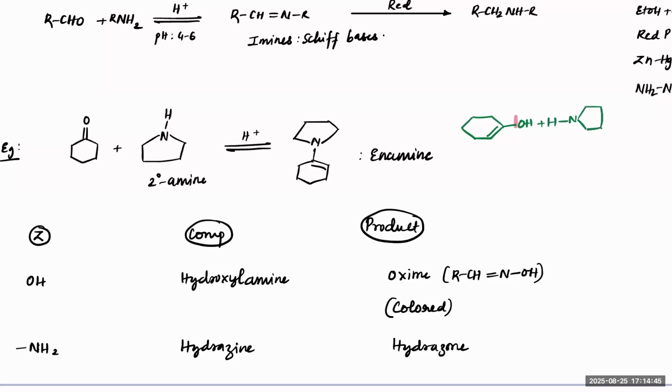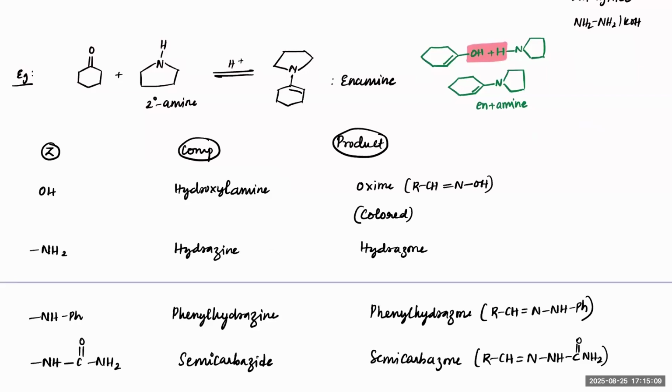Now you remove this water, so this is how you dehydrate. Then join both of them. Now as you join, we have a double bond here, N connected with this group. So this is an ene plus an amine. That's why it is called enamine. This compound is called enamine. I hope you got an idea how the mechanism is.